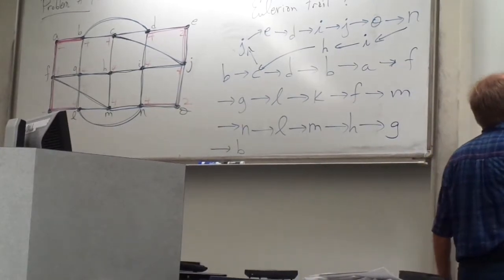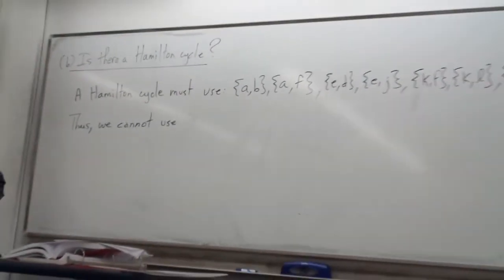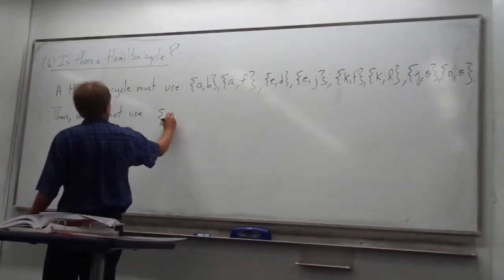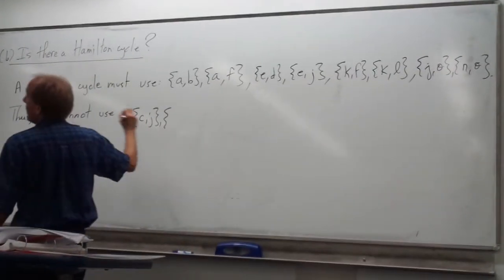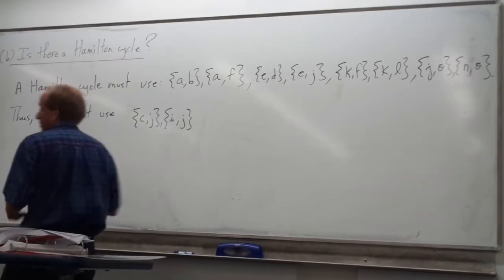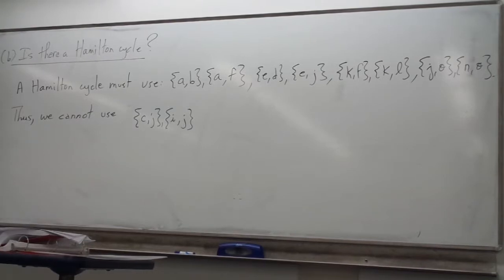You remember these kinds of arguments, right? We did these before. So we cannot use CJ and IJ. I'm going to erase them from the picture. Obviously, when I do the next part of the question, I'm going to have to redraw the graph. But for now, I'm going to cross them off.